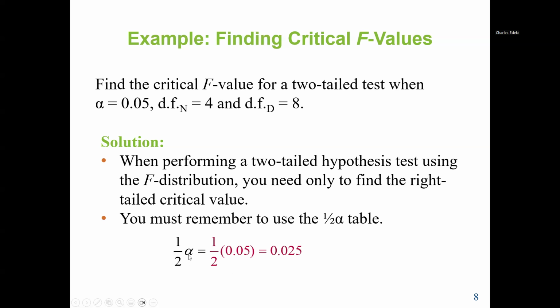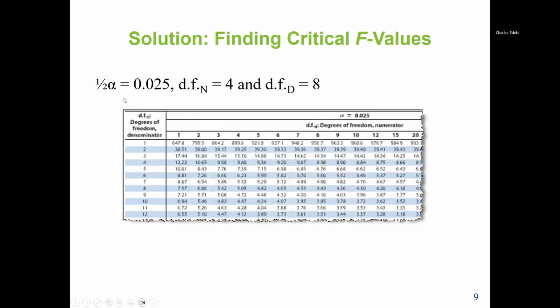Now, why are we doing this? Again, because we are performing a two-tail hypothesis test. So next, we know the half alpha is 0.025. We also know the degrees of freedom for both numerator and denominator. So here we can see our table. Alpha is 0.025.